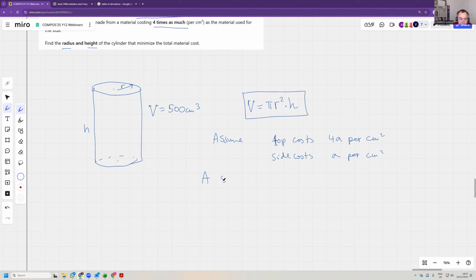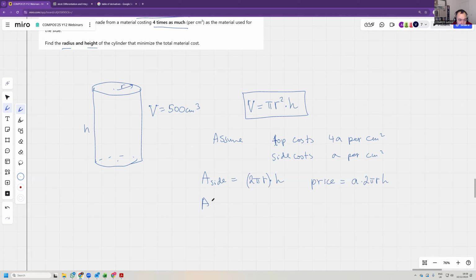So the area of the side is 2 pi r multiplied by h, because if you cut the can and unwrap it, it's going to be a rectangle of length 2 pi r and height h, and the price is going to be a multiplied by 2 pi r h.